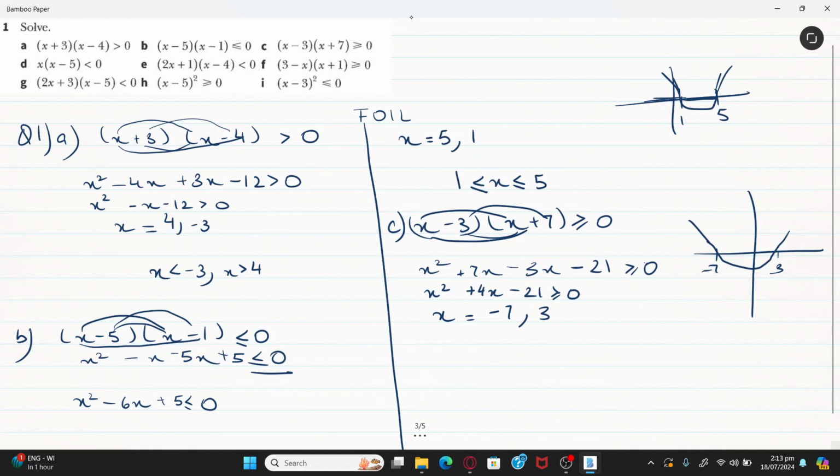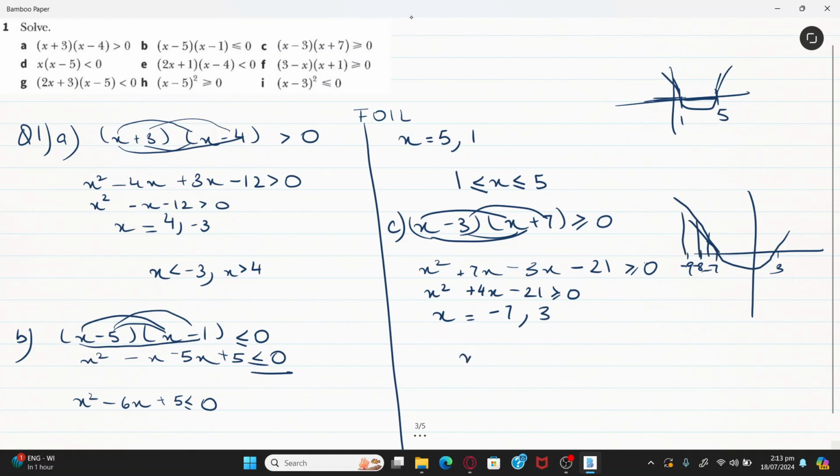So which are the points above the x-axis? Whichever points are beyond negative 7, negative 8, negative 9. These are all going in the upwards direction, something like this, so they are positive values.